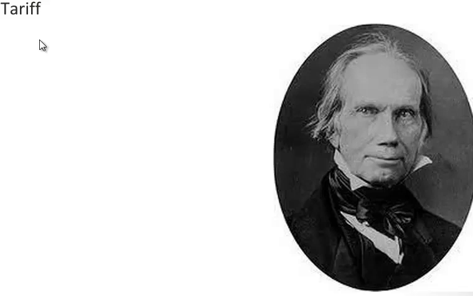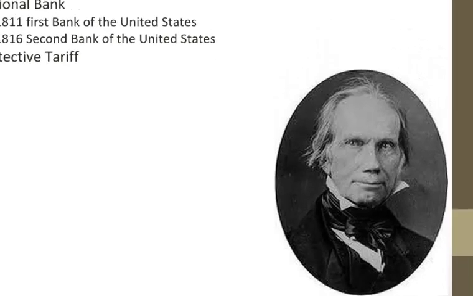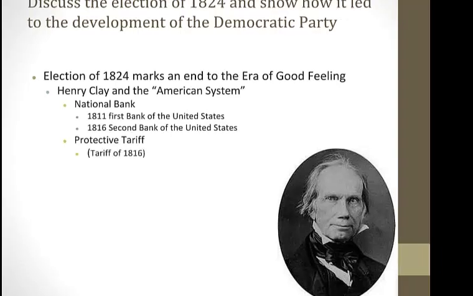The other leg of the American System is a protective tariff, right? And so the Tariff of 1816 is imposed in the American economy to basically keep out British goods.